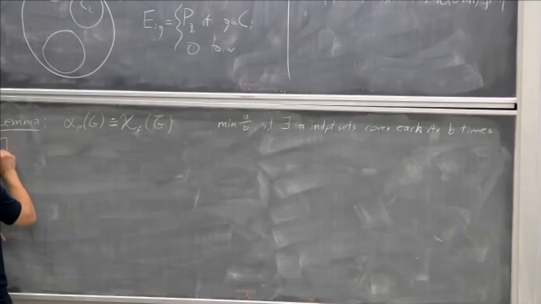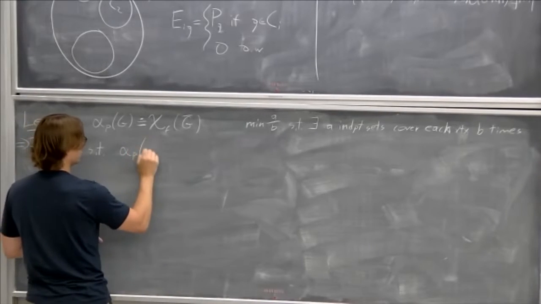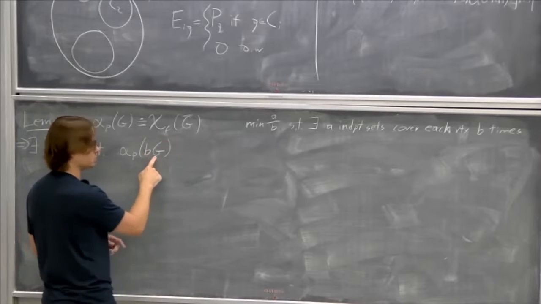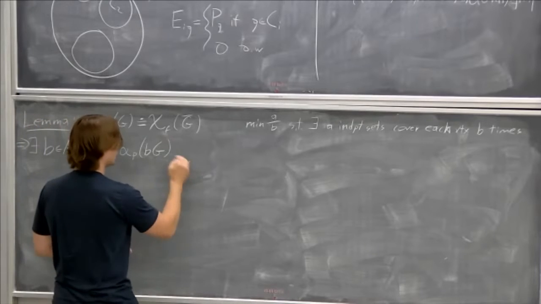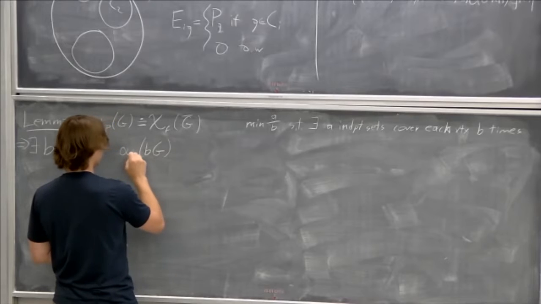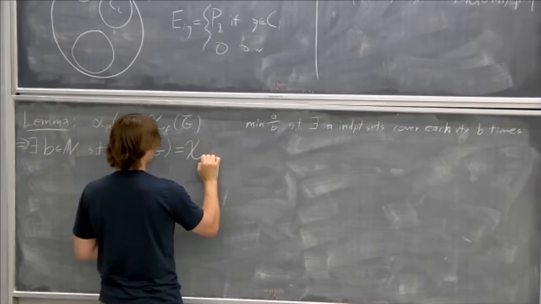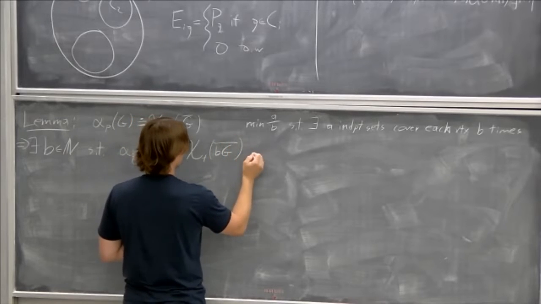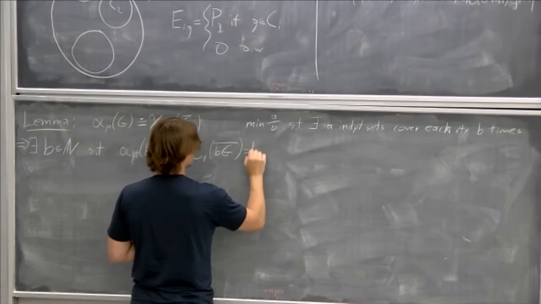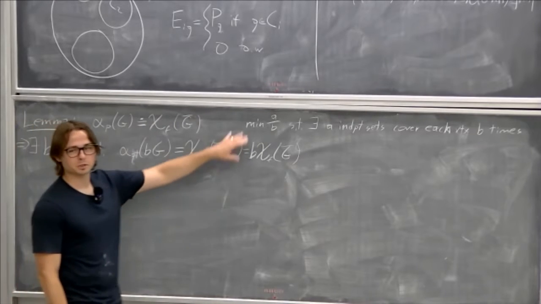We get that there exists a B such that alpha P of B copies of G, and by B times G I mean taking the disjoint union of G with itself B times, is, sorry, this should be of QT, equal to chi F of (B G) bar, which is equal to B chi F of G bar. And this B is connected to the B over here.